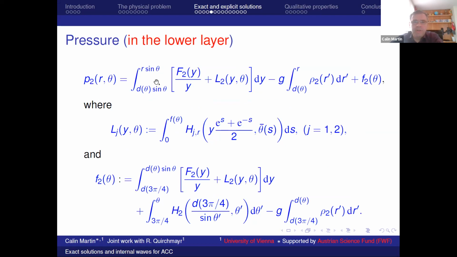So first, the pressure in the lower layer, which was denoted with d2, is given in terms of this integral where this f2 is a given function. I mean, no matter how we give F2, we can find the velocity, and then we can find p2, and this f2 and L are given in terms of the body forcing h.